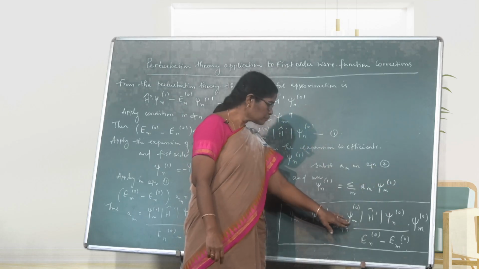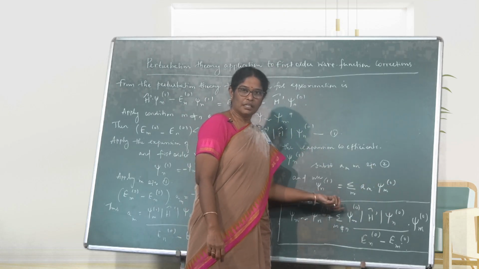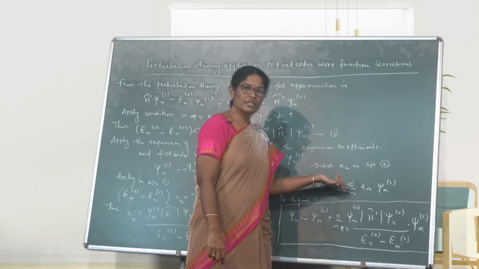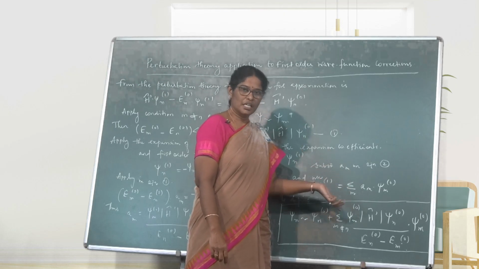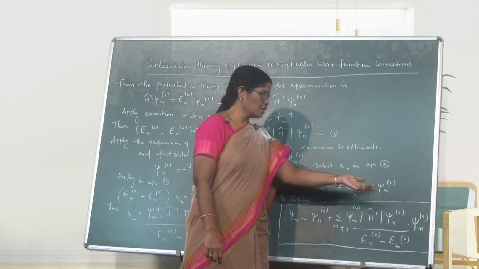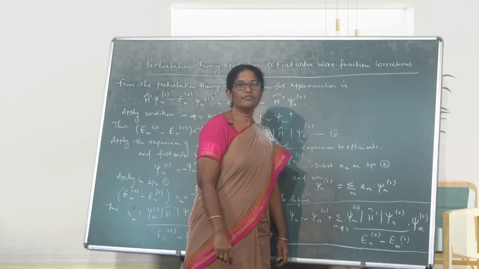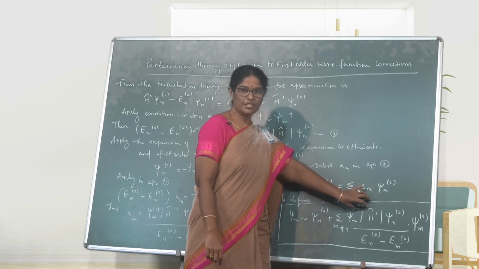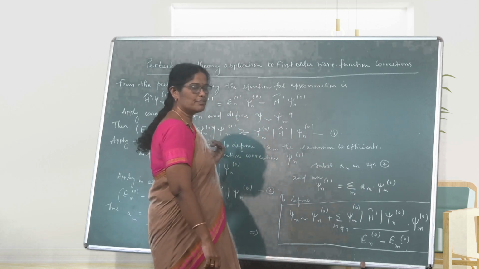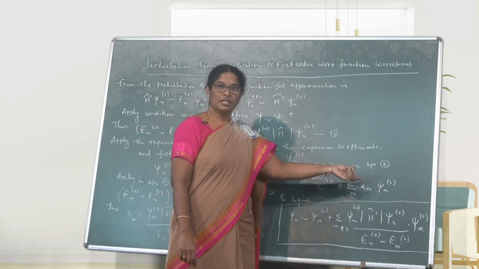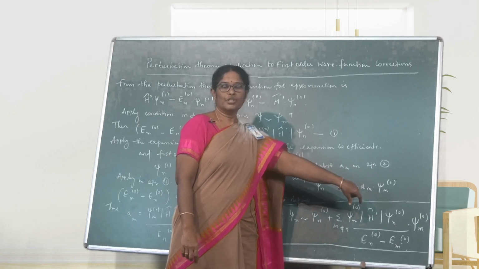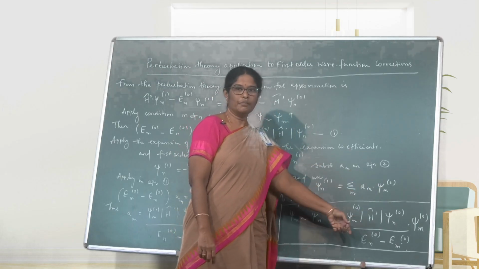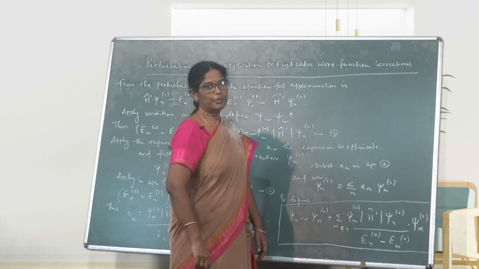And psi of m is again the wave function in its unperturbed state, divided by the eigenvalue difference, and this summation factor deduced from A of n has to be multiplied with the basic wave function, psi of m of 0, which is psi of m in its unperturbed state.